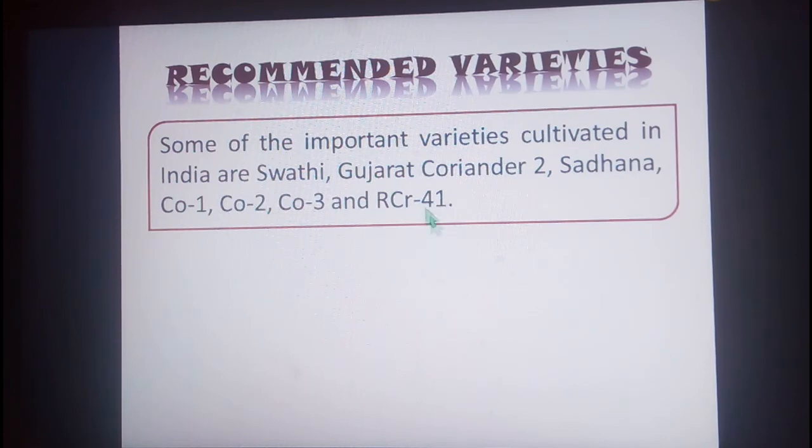And these are the recommended varieties of coriander plant. Some of the important varieties cultivated in India are Swati, Gujarat coriander 2, Sadhana, Co1, Co2, Co3 and RCR 41.